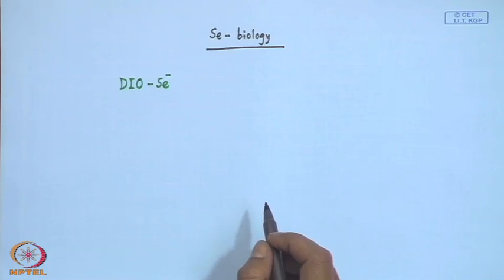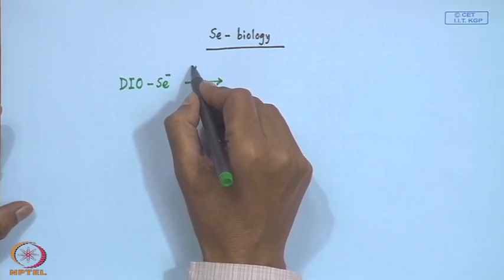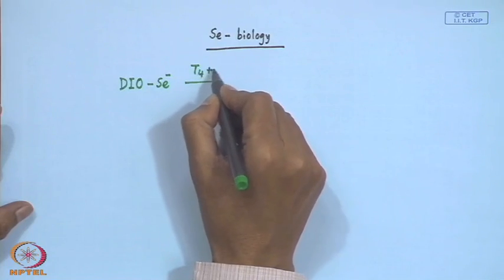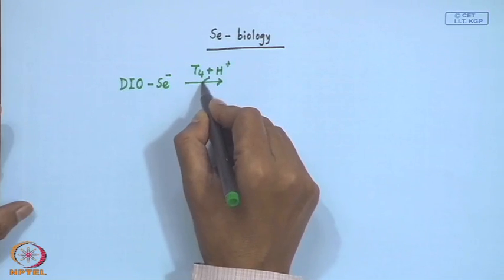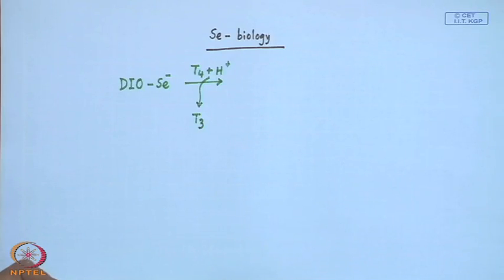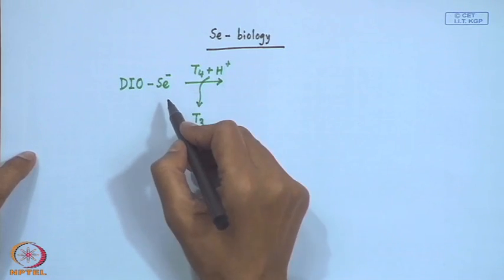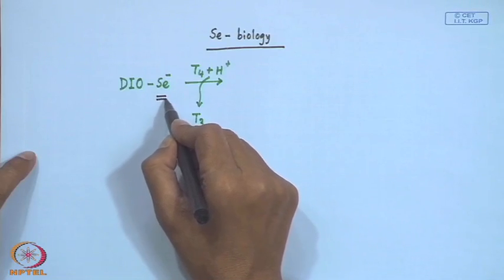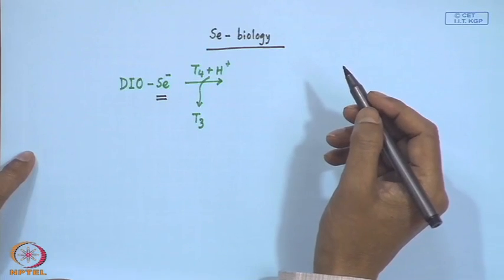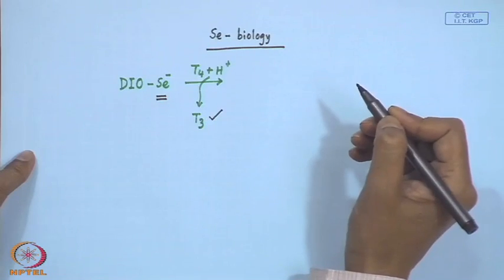So, when selenium is present there and it reacts with T4 plus proton, it basically goes for the production of T3. So, deiodinase is basically a selenium bearing molecule, that is why it is a very interesting group of molecules. So, we should have selenium in our food intake. Selenium is therefore an essential micronutrient for our body for the right production of T3.